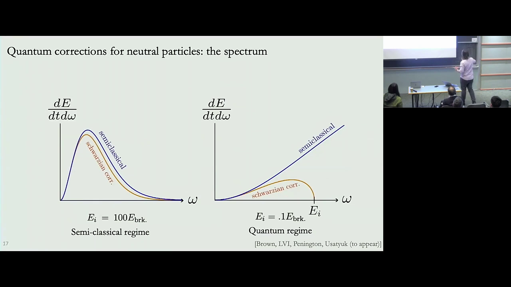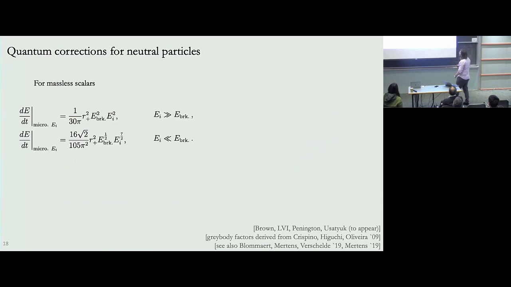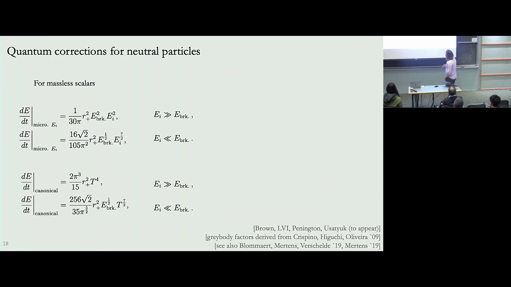Namely, semi-classically, you emit particles with much higher energies than you do when you include quantum corrections, and that's why you could seemingly go below extremality. Here, the calculation explicitly shows you that you cannot emit a particle with energy bigger than the initial energy above extremality, which makes sense.